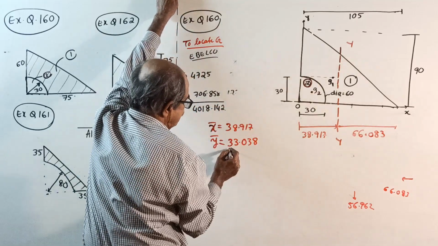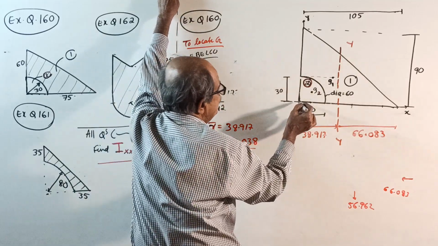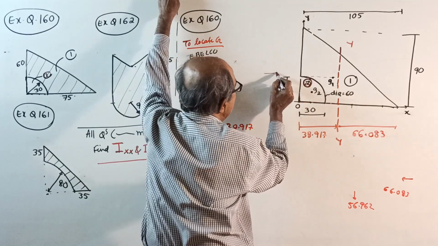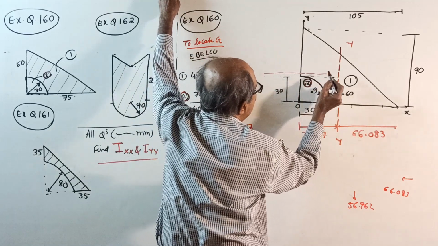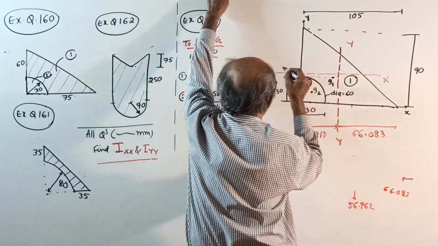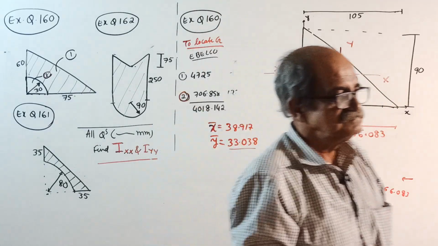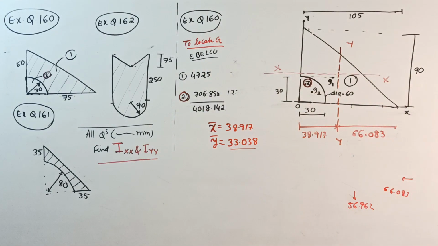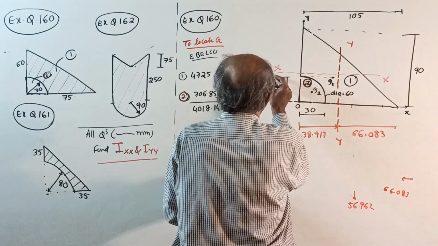Y bar is 33.038. See, this is 30, so slightly above. X axis. I change the pen. And X over. A little dark I will make now.